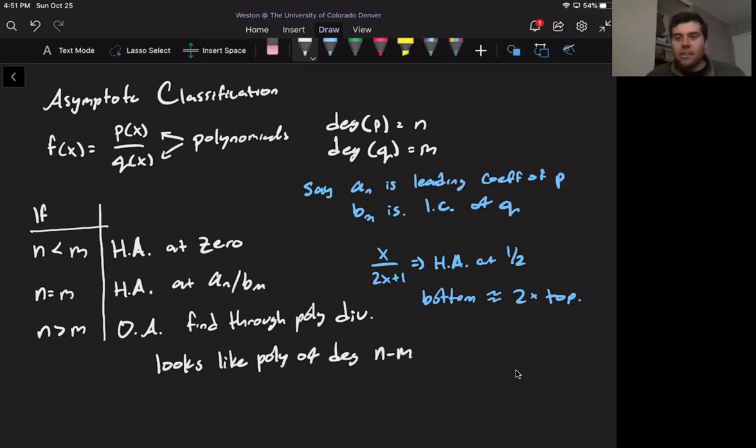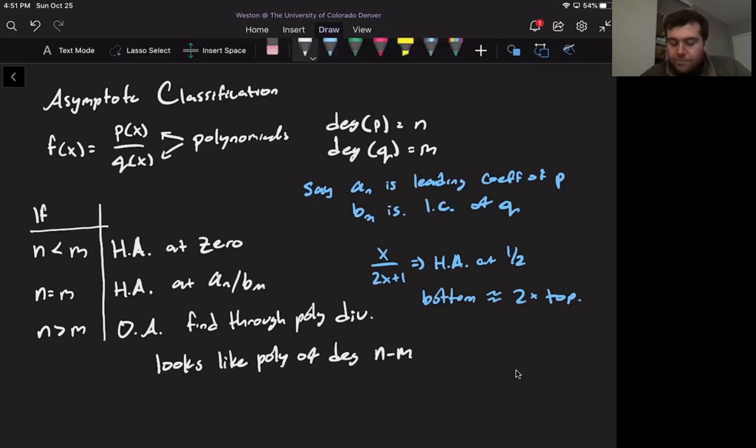So in the case where n is just 1 bigger than m, like x squared divided by x plus 1, it looked like a polynomial of degree 1, so a straight line. But if it was like x to the 4th divided by x squared plus 1, then it would look like a quadratic on both sides. And we'll look at some examples of that in class.